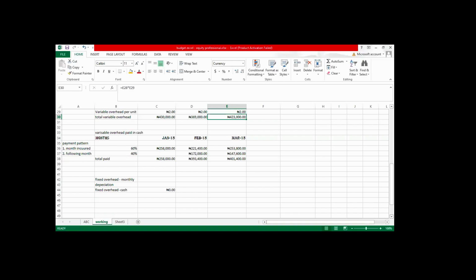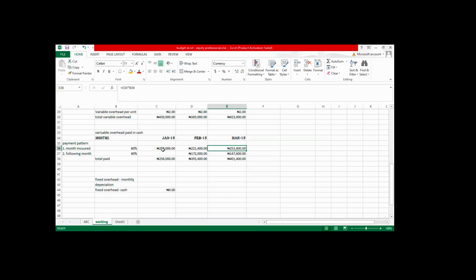What do you have? 253,800. Now the figure you have here. Balance to be paid the following month after March. That will take us to April. We are not interested in April budget.